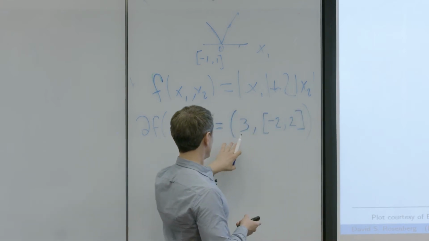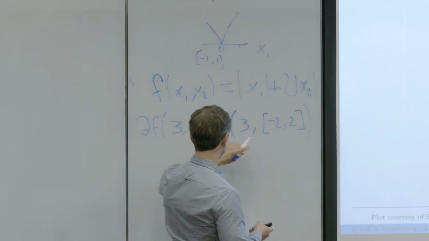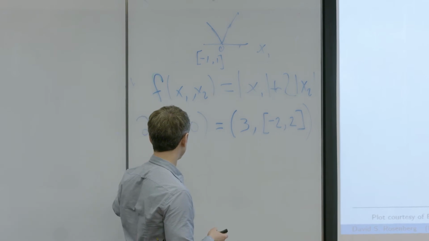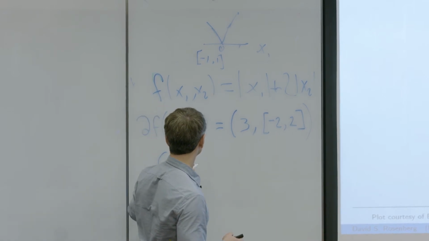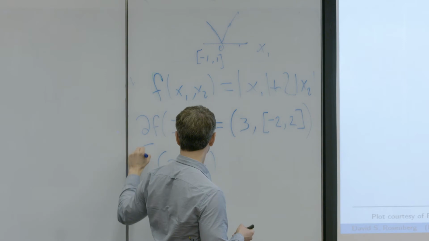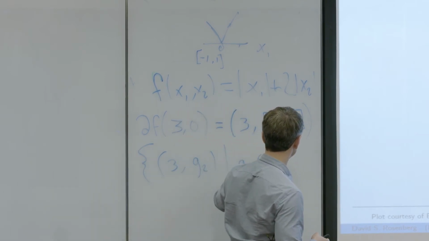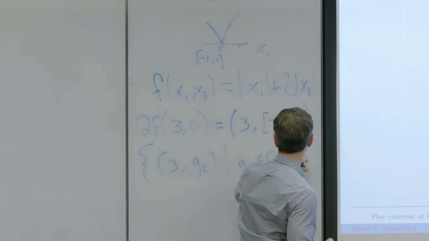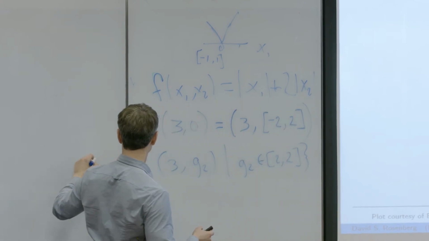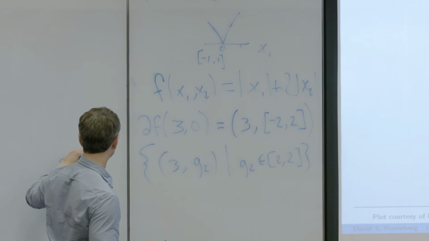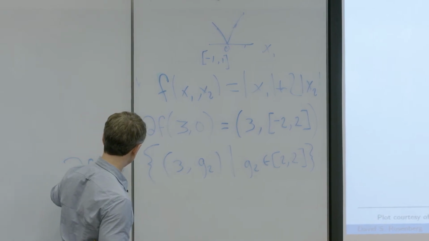So any vector, this is informal, of the form (1, g2), such that g2 is in [-2, 2], is the subdifferential of f at (3, 0).